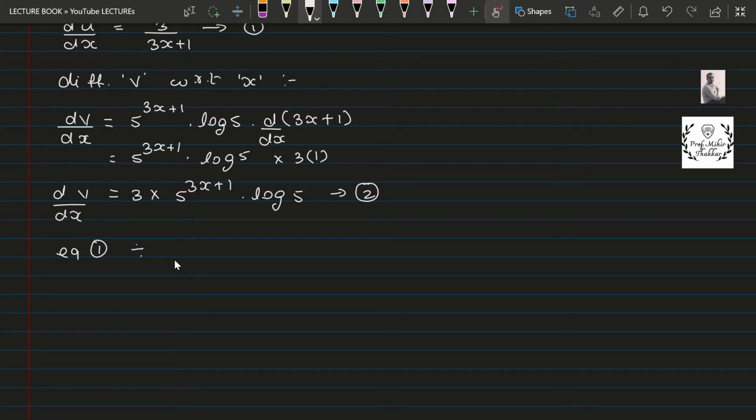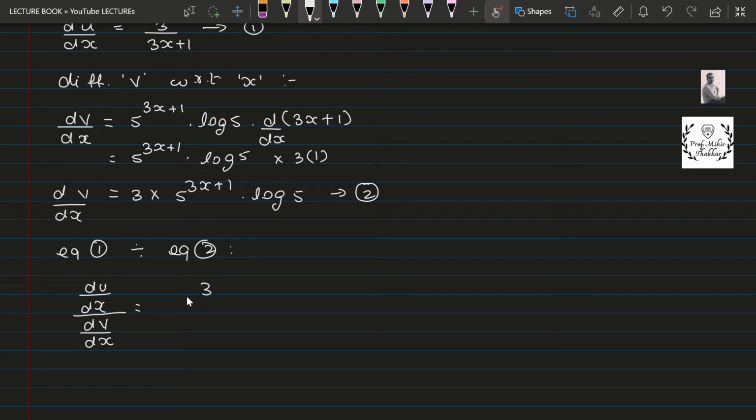equation 1 divided by equation 2. So what do we get first? Du upon dx divided by dv upon dx. And guys, what should be there on the right hand side?